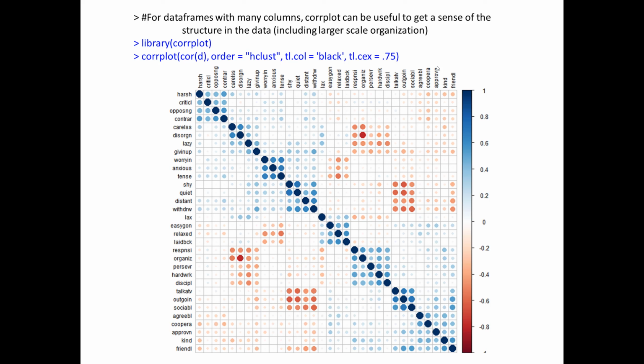And we noticed that talkative, outgoing, and sociable are negatively related to shy, quiet, and withdrawn. You can see here in this heat map that you've got red subclusters and some blue subclusters, and the red subclusters are on both sides of the diagonal line. So you've got some relationships there that are going to be pretty interesting.